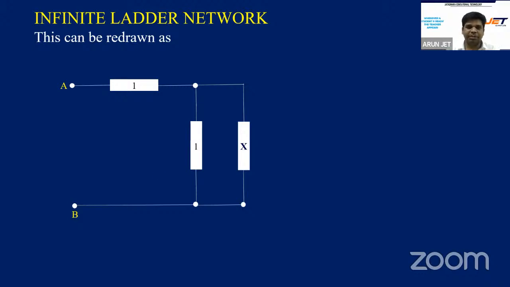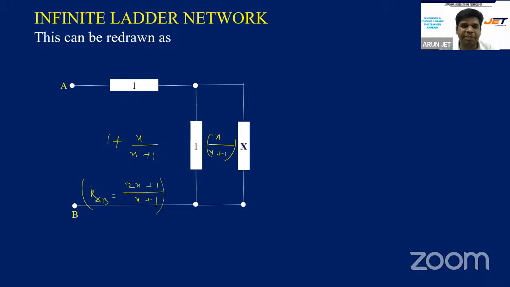How did that come about? These two together will be x by x plus 1. This is in series with 1. So it should be 1 plus x by x plus 1, which becomes 2x plus 1 by x plus 1. Now this is my R equivalent between A and B in terms of x.